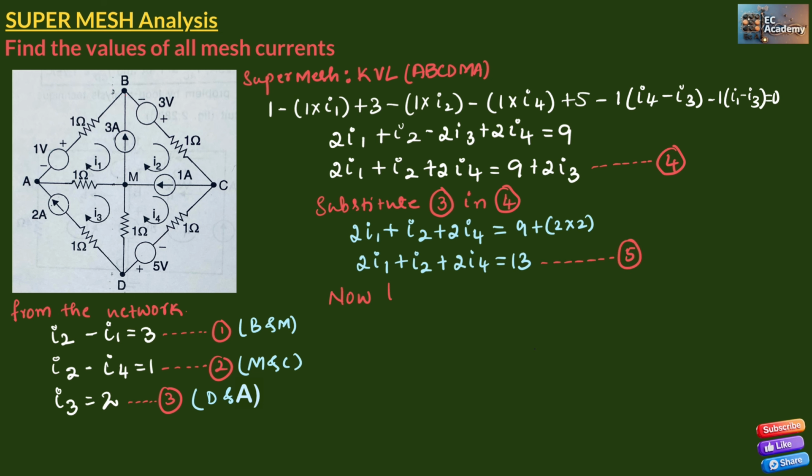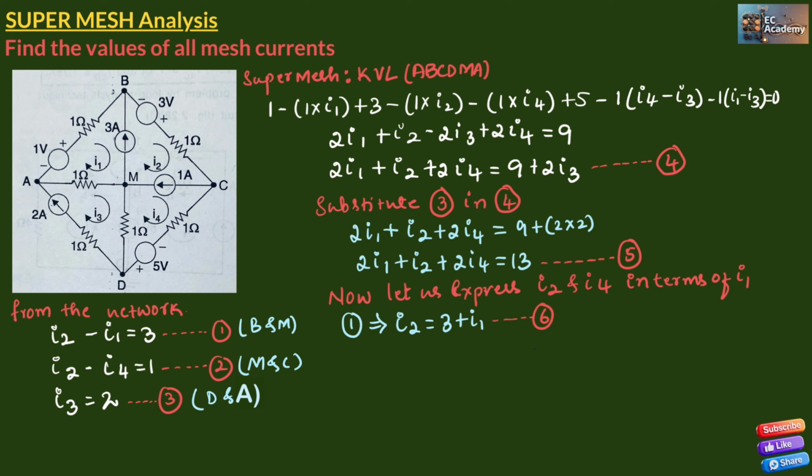Now, let us express I2 and I4 in equation 1 and 2 in terms of I1. Therefore, from equation 1, we can write I2 is equal to 3 plus I1. Let us call this as equation number 6.